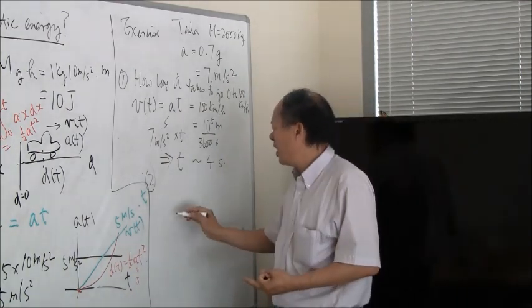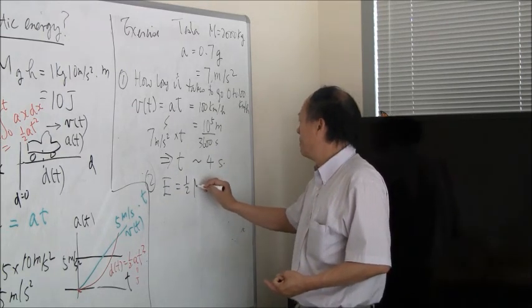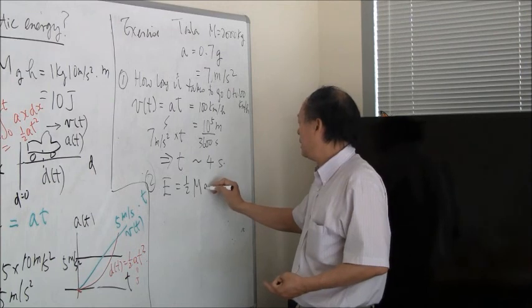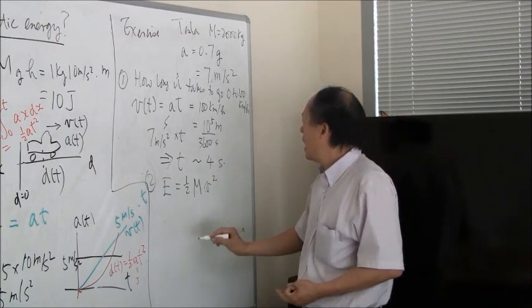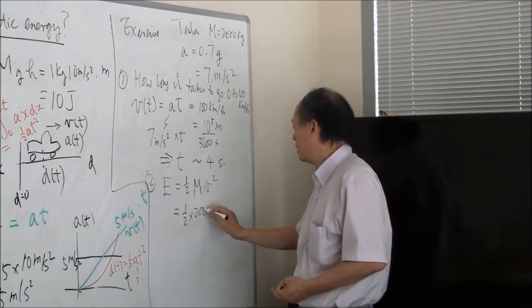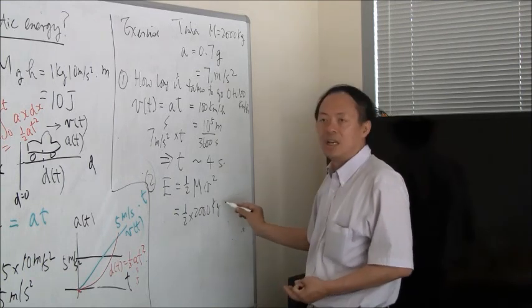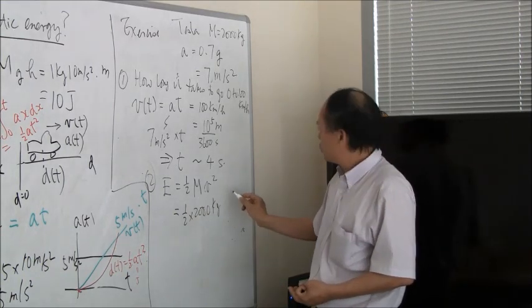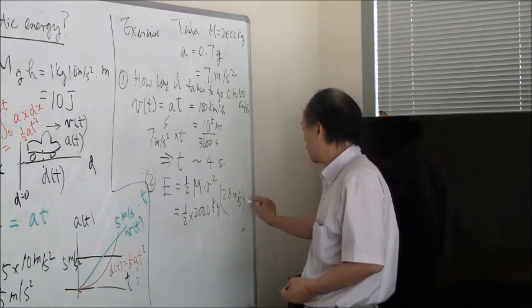So the energy is equal to 1/2 mv squared, where v is the velocity. So what you have is 1/2 times 2,000 kilograms, and the velocity is basically 28 meters per second, the whole thing squared.